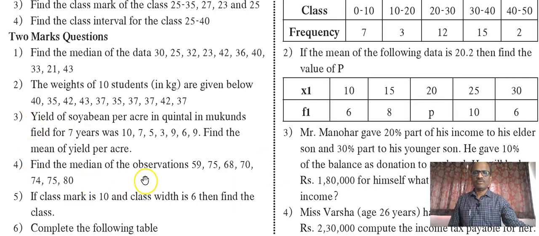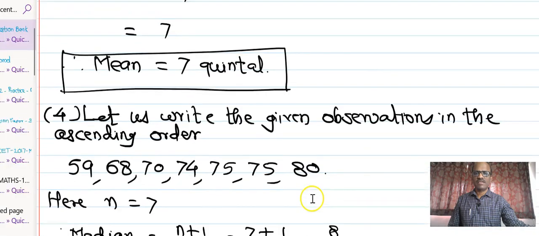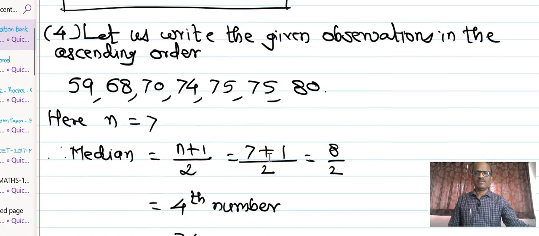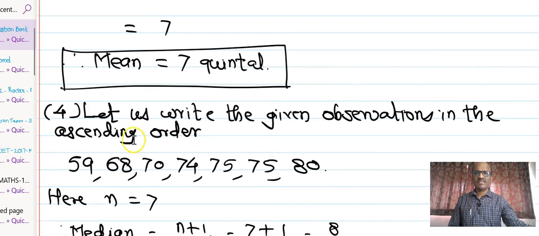Find the median of the observations 59, 75, 68, 70, 74, 75 and 80. Again we want to find the median. Let us write the given observations in ascending order: 59, 68, 70, 74, 75, 75 and 80.